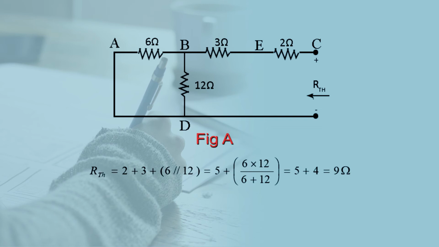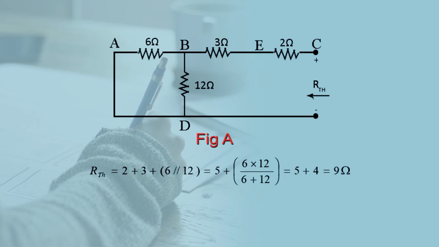Now you just have to find the Thevenin resistance. Here you can notice that branch BD, which has resistance 12 ohm, is in parallel with the resistance 6 ohm, which is connected between branch AB. So this 6 ohm and 12 ohm are in parallel, and the equivalent resistance of these two resistances is connected in series with the 3 ohm resistance and 2 ohm resistance.